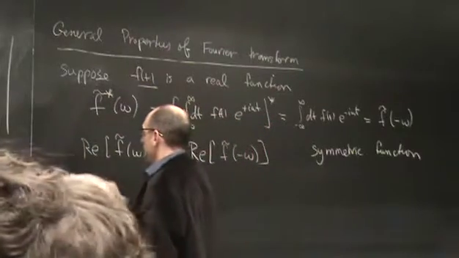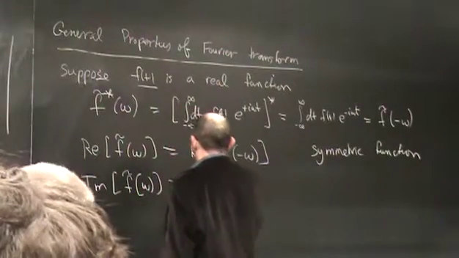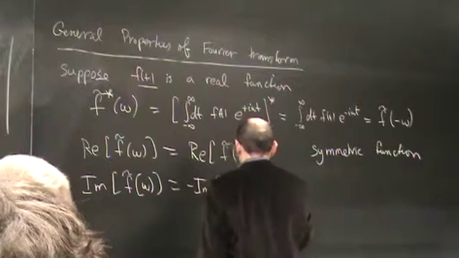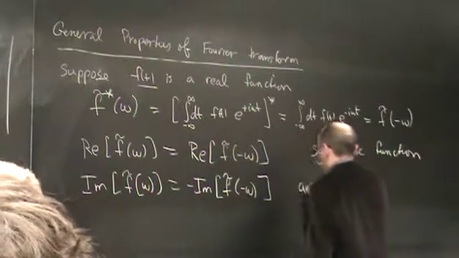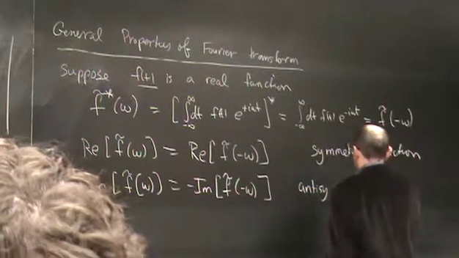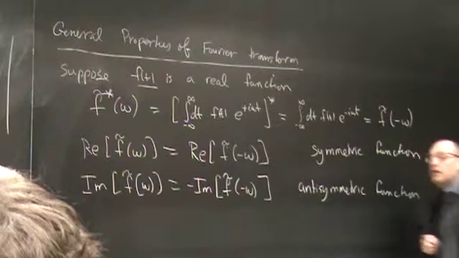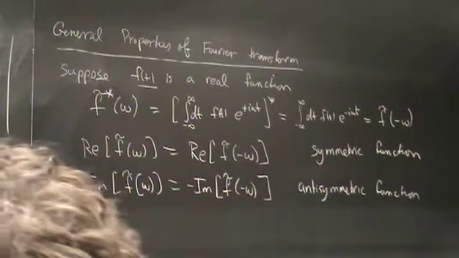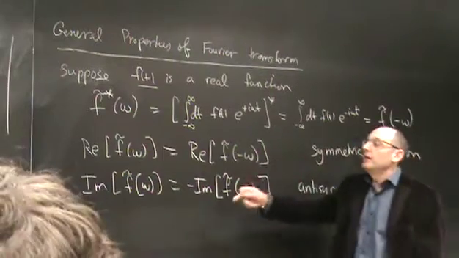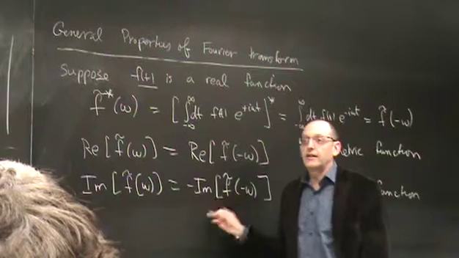So that says the imaginary part of f is minus the imaginary part of f at minus omega. This is an anti-symmetric function of omega. So if my signal is real, then I have a constraint in the Fourier transform, that the real and imaginary parts are symmetric and anti-symmetric.